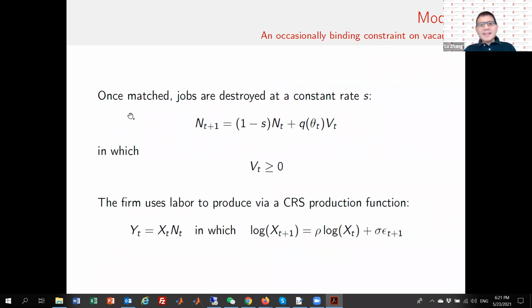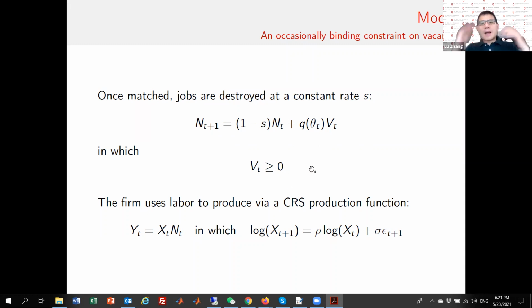Once matched, jobs are destroyed at a constant separation rate. So this is exogenous separation. Next period employment equals current period employment net of separation, plus the number of new hires. The number of new hires is given by the vacancy filling rate times the total number of vacancies being posted.